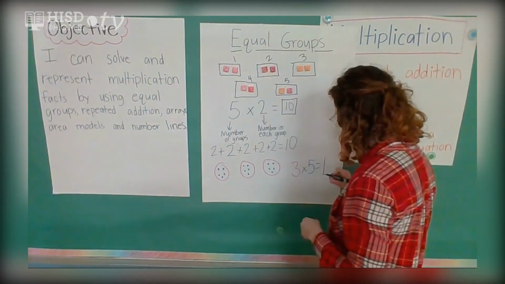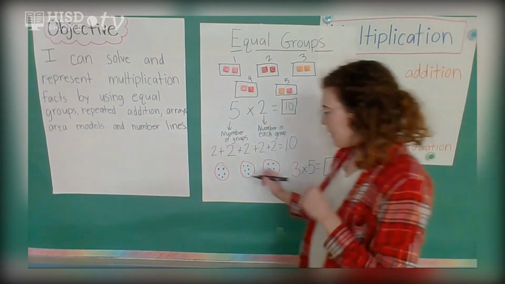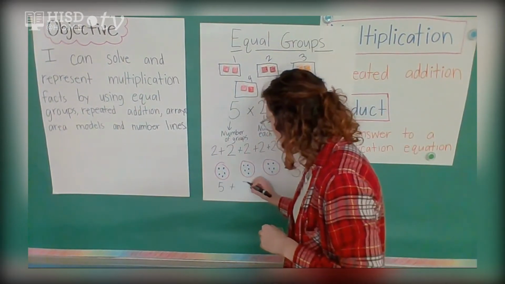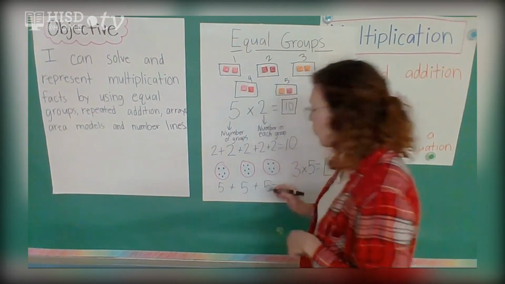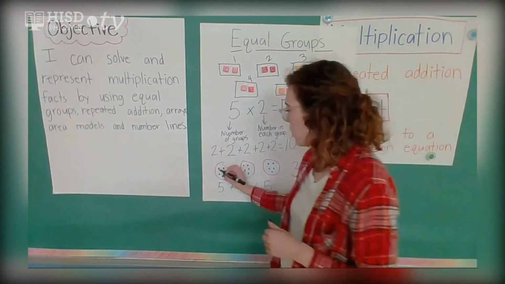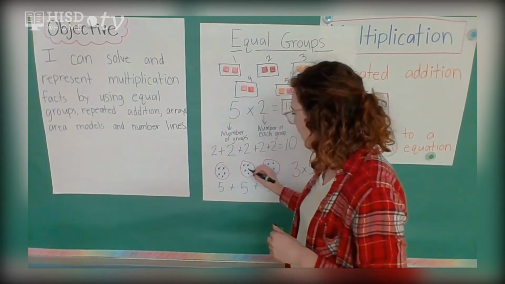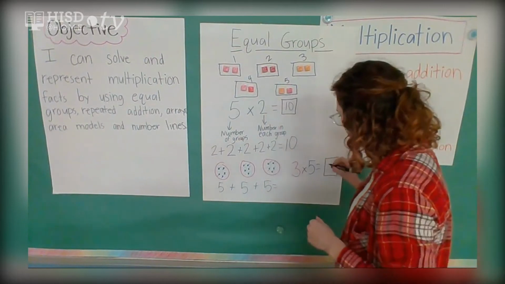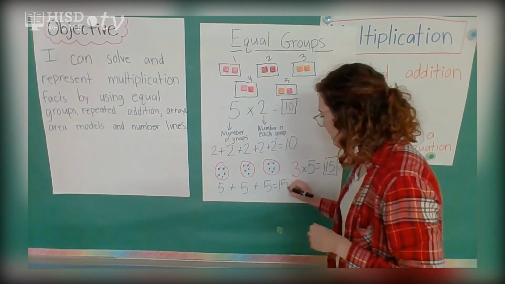That equals, let's find out. I can add 5 plus 5 plus 5, or I could just count each dot. 1, 2, 3, up to 15. So it looks like I have 15. 3 times 5 is 15.